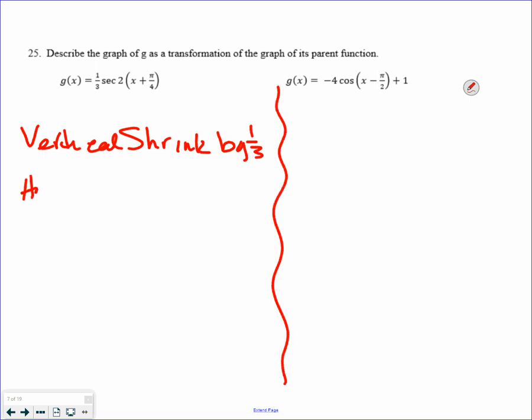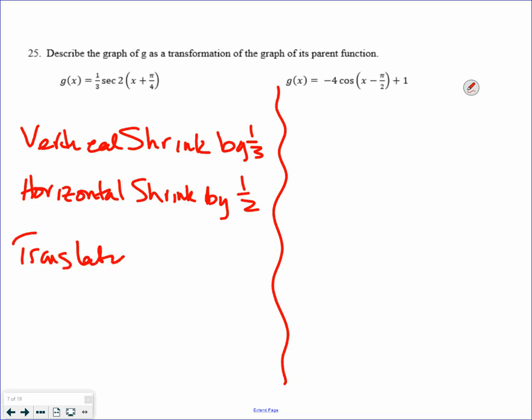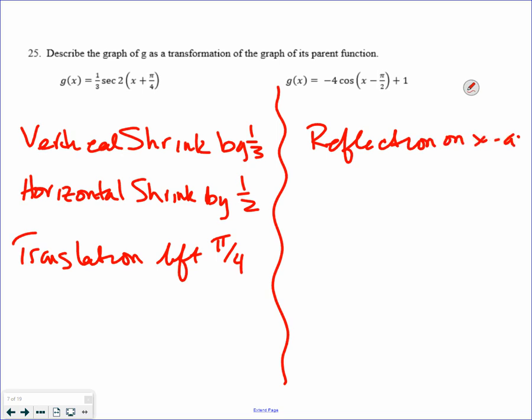I'm going to draw a line in there. We got a horizontal shrink by 1/2, and a translation to the left, pi over 4. The other one, reflection on the x-axis.